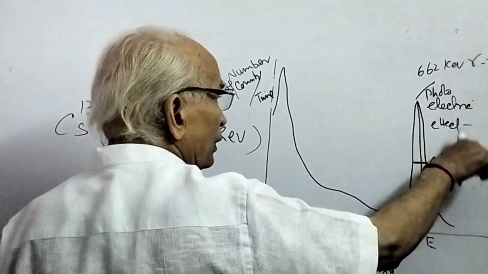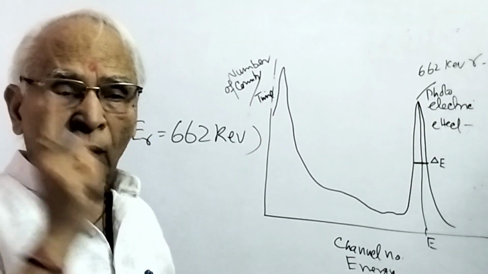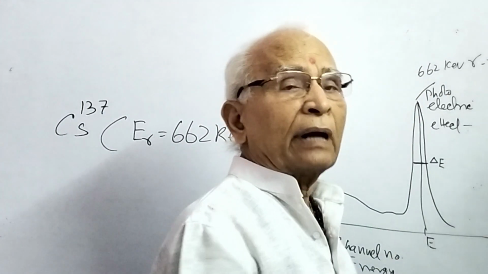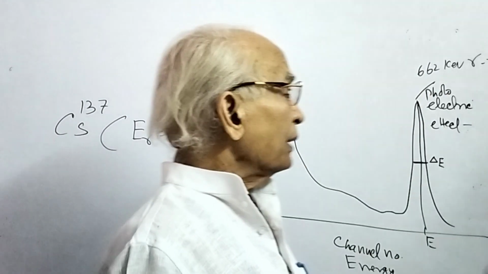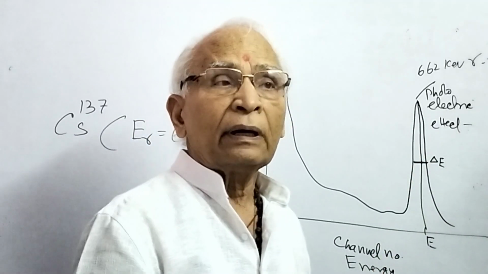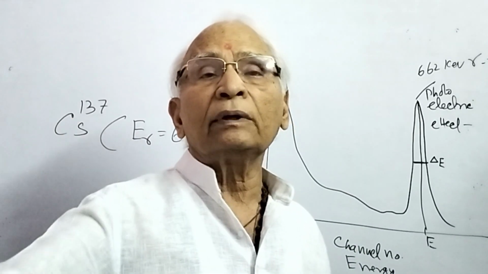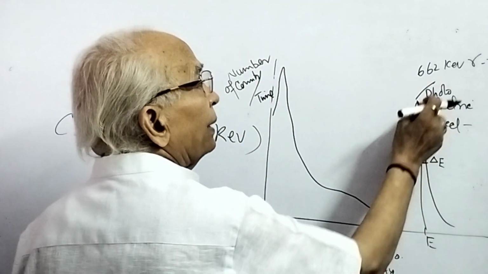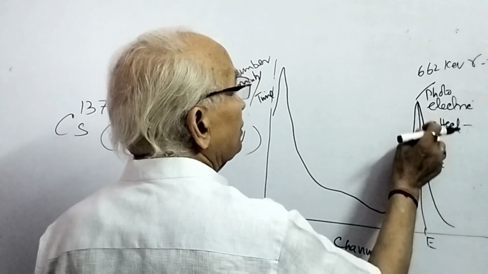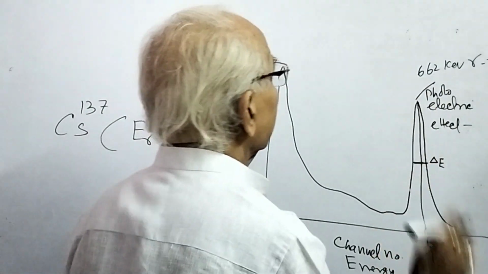So this is the photoelectric peak P. In the photoelectric peak I get a monoenergetic line because the total energy of the gamma ray is converted into kinetic energy of the electron, so we get one pulse. And this broadness, which I also explained, is the statistical variation at different stages of counting. So from the same gamma ray we get pulses of this height, this height, this height, a variation. Otherwise, theoretically it should be only one line.